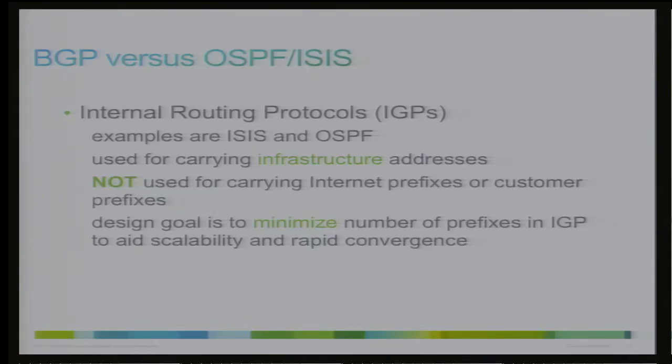So if your IGP converges faster, it means your BGP traffic also converges faster because of the recursive lookup behavior and because of the data structures implemented by most vendors to implement the forwarding. So it's important to minimize the load on IGP so that IGP converges faster, so that BGP converges faster also.